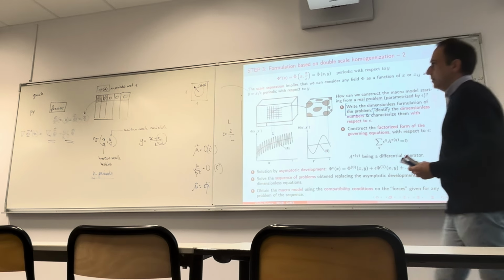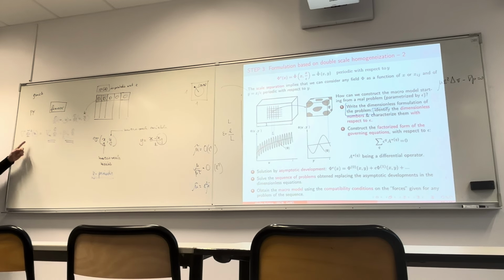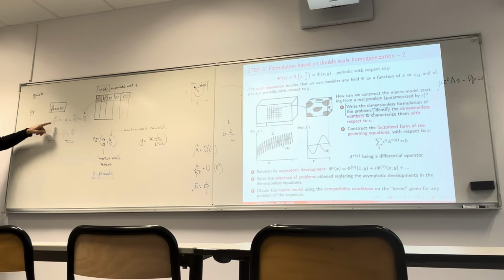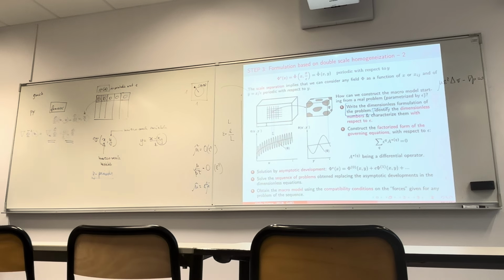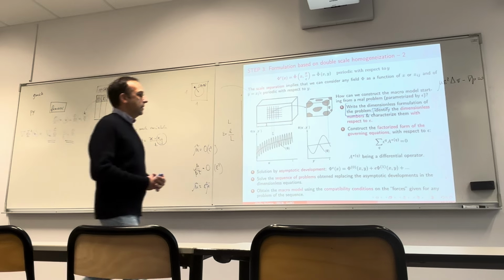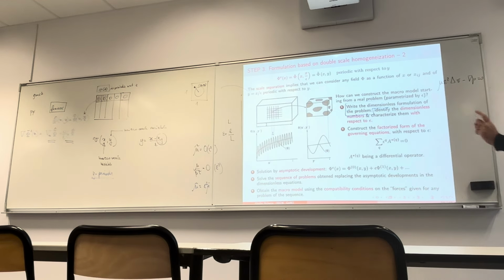And now you come back to this hypothesis of considering phi as a function of x and y, periodic with respect to y, and you add an additional statement. So you consider what is called an asymptotic development of your unknown field.